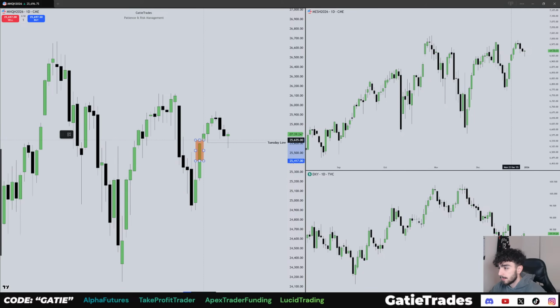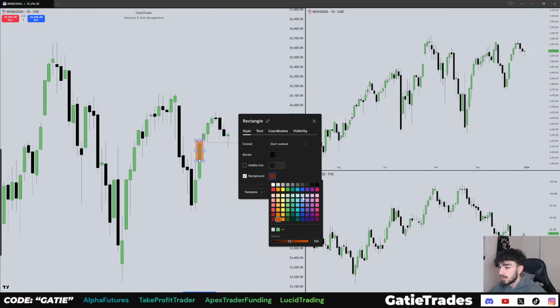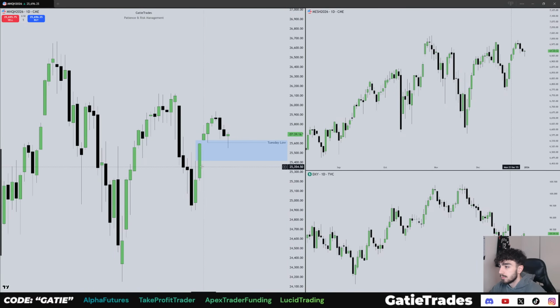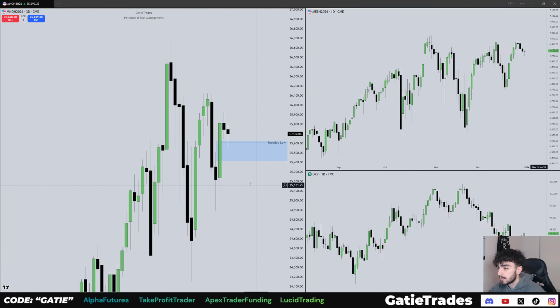And then on top of that, we have the daily bullish fair value gap. Now, really, you'd want to mark it out like this, but for simplicity's sake, I'm just gonna mark it out like this. A 3-day fair value gap.